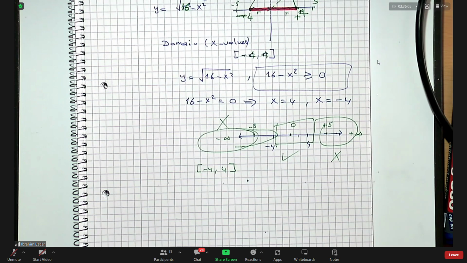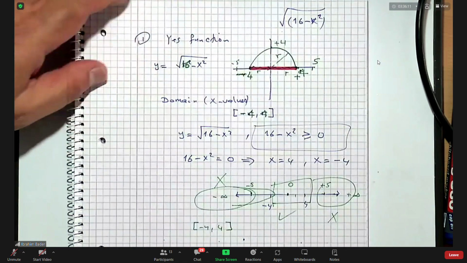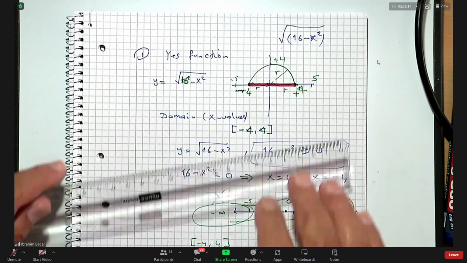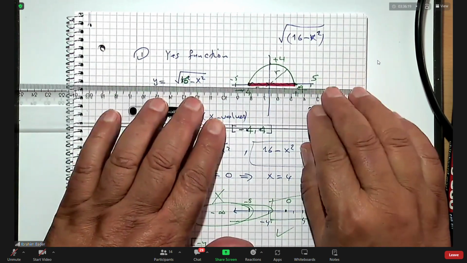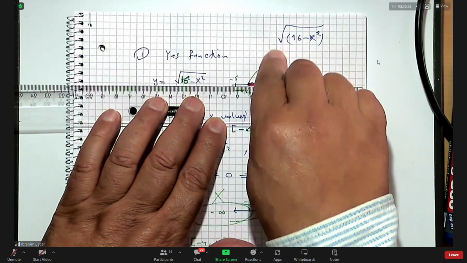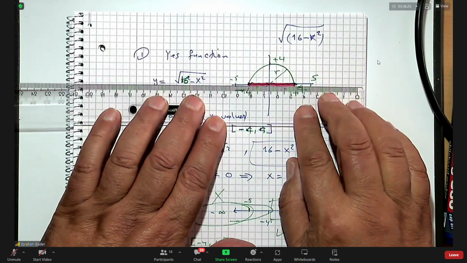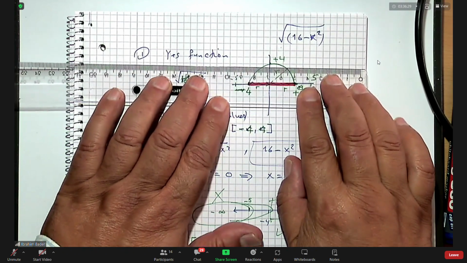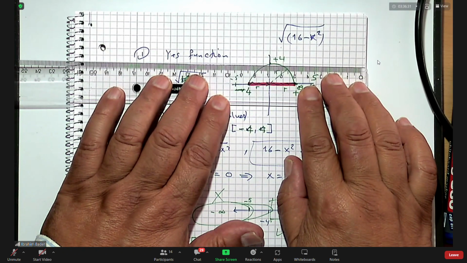The range are values along the y-axis, which is clear from this graph. Notice that the values of y, along the y-axis, start at 0 and they just increase until you get to the radius, either r or in this specific example 4.